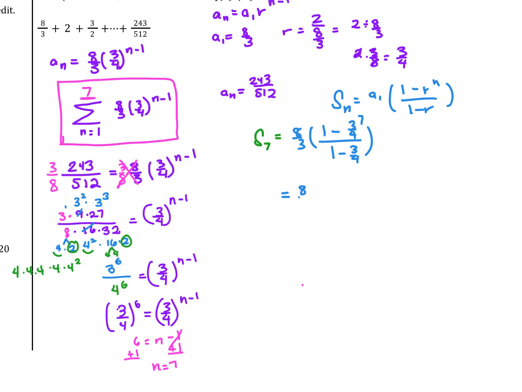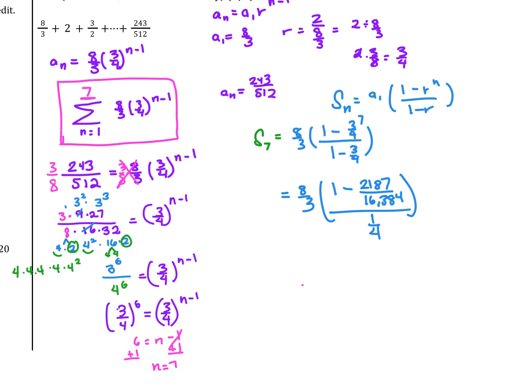Okay, so we have 8/3, and then 1 minus, I'm going to take 3 to the 7th and 4 to the 7th. 3 to the 7th is 2187. 4 to the 7th is 16,384. And then in the denominator, if we take 1 minus 3/4, the denominator would be just 1/4.